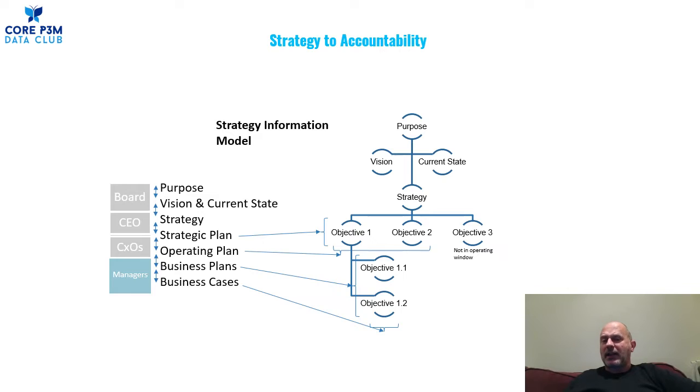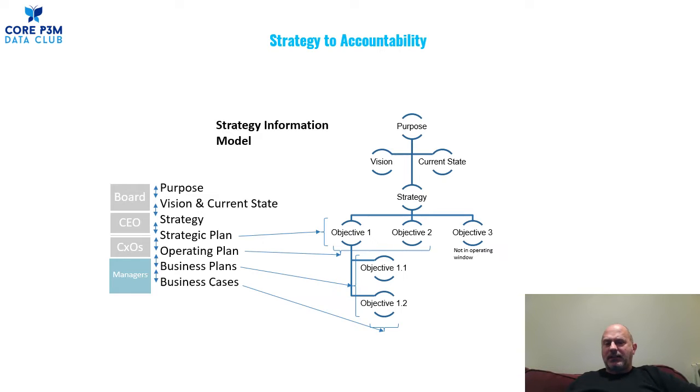We have an operating plan which has some of those objectives cascaded into it that we have actually actioned the business to achieve. And our operating plan might be consisting of a number of business plans from different business units, from different operational areas, which say how they're going to fulfill their part of the bargain.